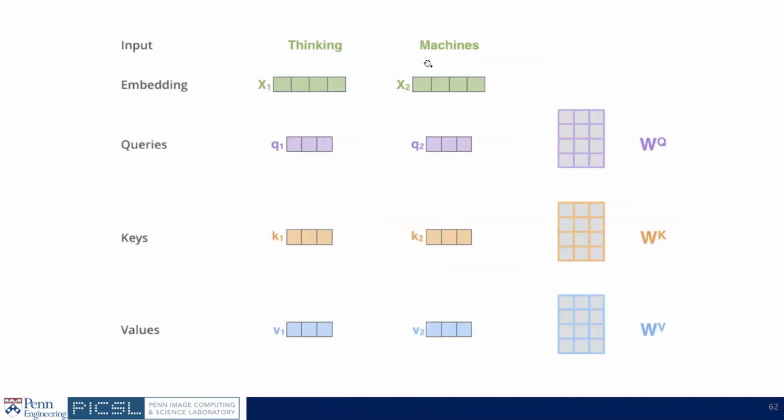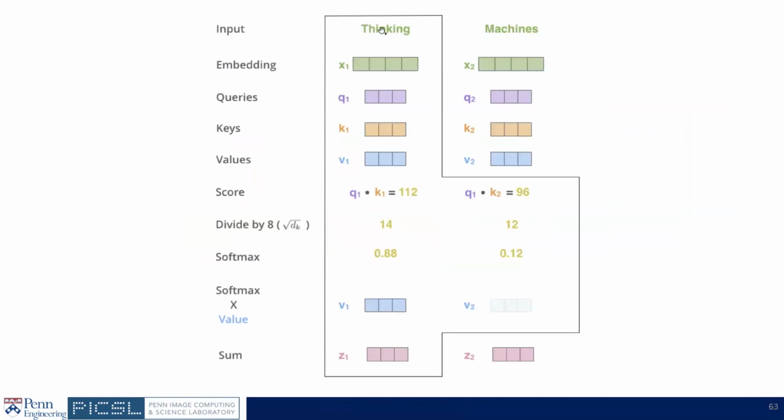So just to zoom in for these vectors, thinking has this word embedding, query, key, and value, and machines also have the same thing, right? And now I'll try to find how much attention I should give to this pair of words. So I'm going to first go back to my formula.